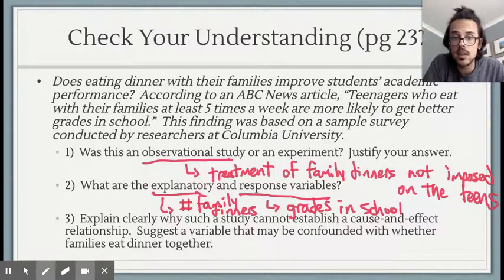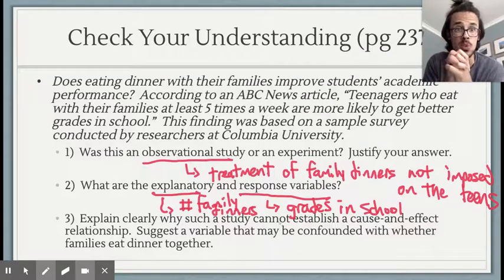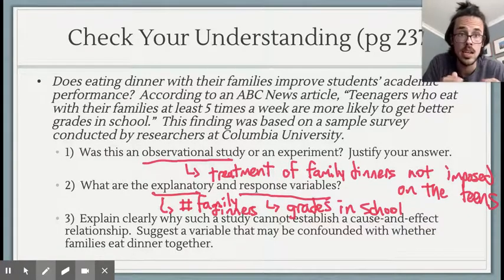Why can the study not establish cause and effects? Suggests a variable that may be confounded with whether families eat together. So, just like in my smoking problem, I couldn't make the claim that smoking causes the ADHD because it could have been one of those other things tied to smoking that was actually responsible for the increase in ADHD.